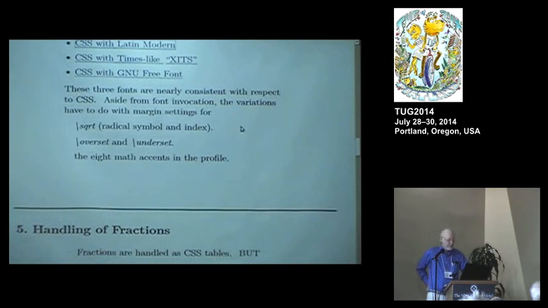I mentioned that I have 3 fonts working. The style sheets, aside from font family invocations, differ only in their handling of \sqrt, which is a flexible box, overset and underset. These are AMS commands, where overset replaces the LaTeX command stackrel. These overset and underset are flexible columns, and the 8 math accents, I guess those are Lamport's 8 math accents.